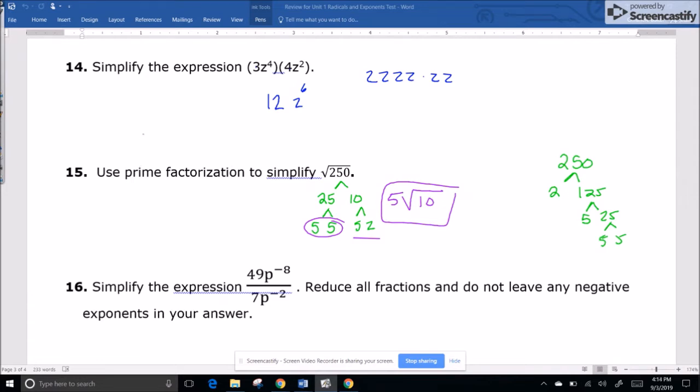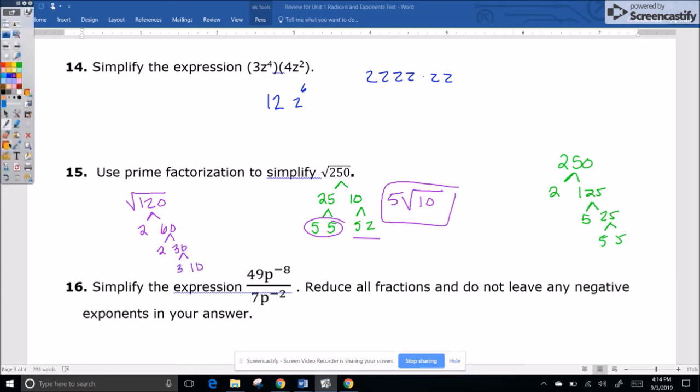Now, if it happens that you have two groups, let me show you another example. Let's say 54. No, that's not going to give me what I want. Let's say 120. So that's 2 times 60 and 2 times 30 and 3 times 10.